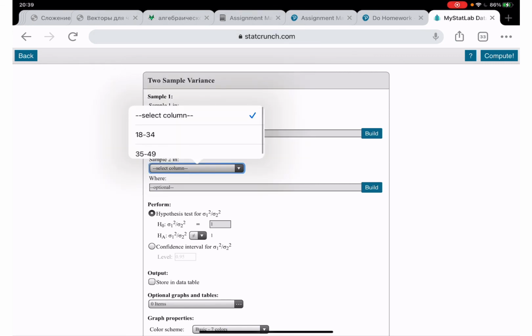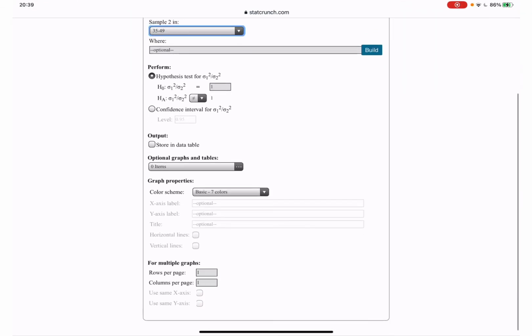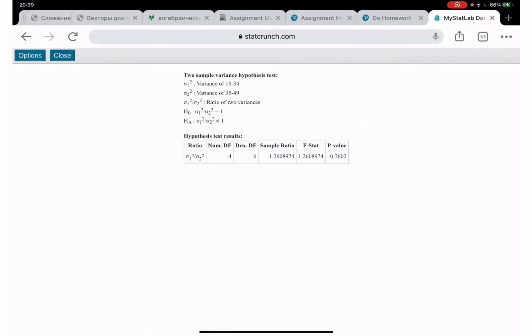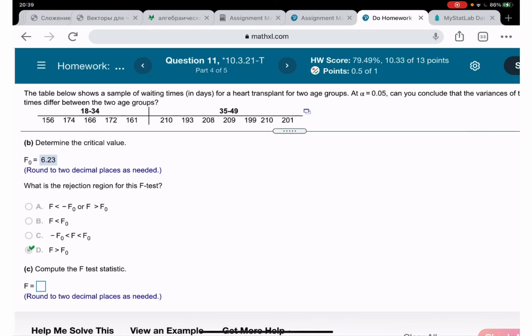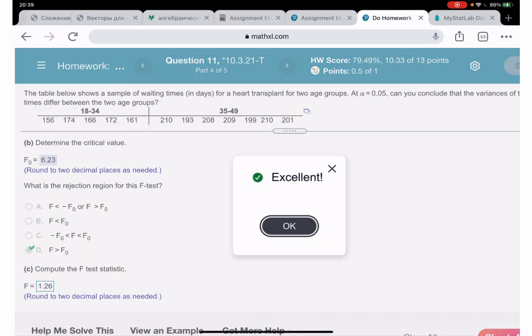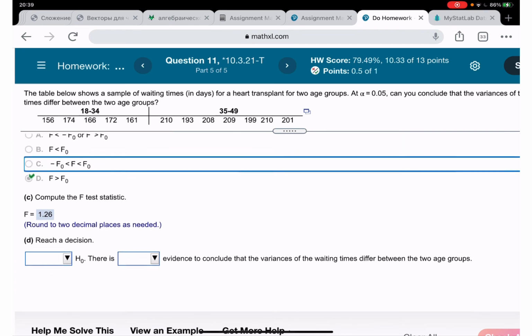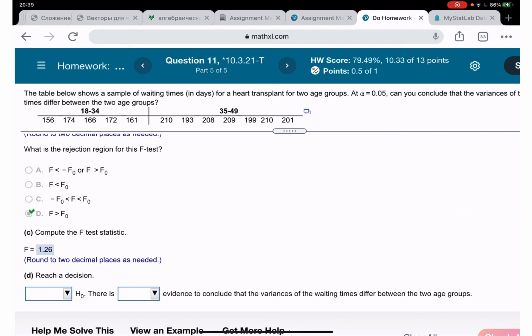Second one is going to be 3549. And compute. And I'm getting the F statistic 1.26. Let me plug it in here. 1.26. Check. Excellent job.